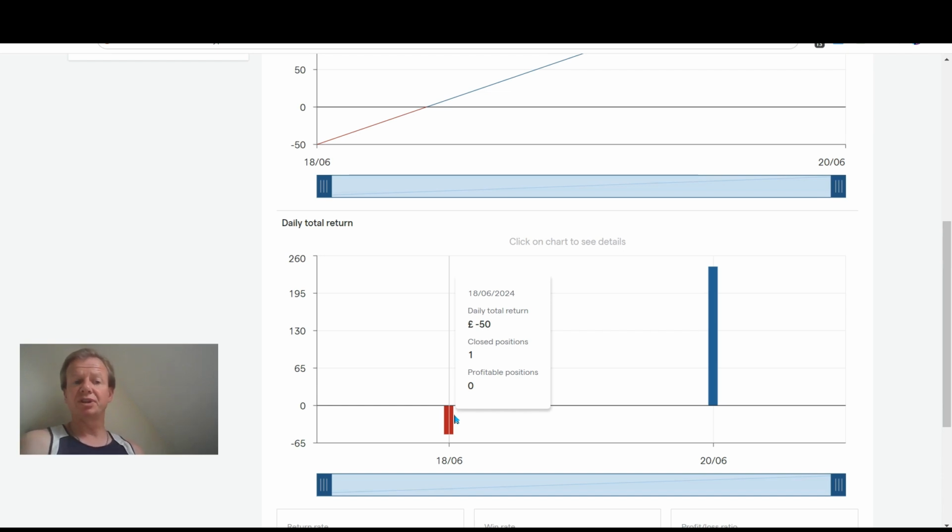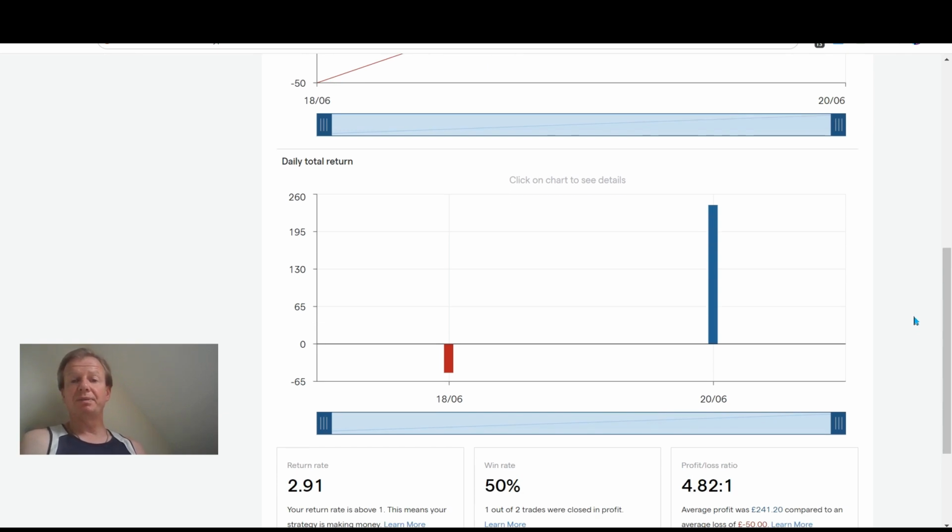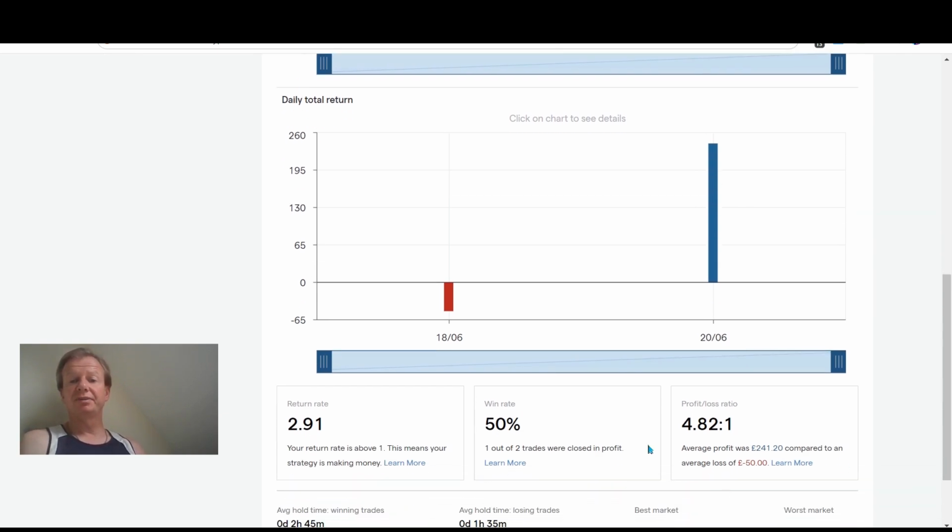Basically what happens is you can set a trailing stop, so if the price goes in your favour, then the stop will move up, and eventually it moves up to break even if it gets that far. But even if it doesn't, it cuts down on your maximum loss, and you can set the trailing step, how far you want it to move. I had it moving 5 in my direction, so I only lost £50.